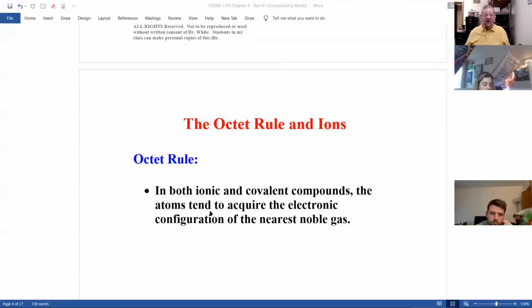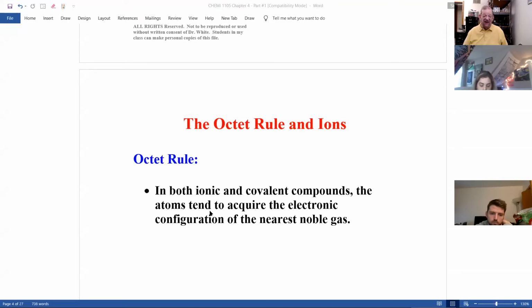Now, there's something called the Octet Rule, and it deals with ions and other things. What's the Octet Rule? In both ionic and covalent compounds, atoms tend to acquire the electron configuration of the nearest noble gas. And when we say electron configuration, we're really talking about the same number of valence electrons.